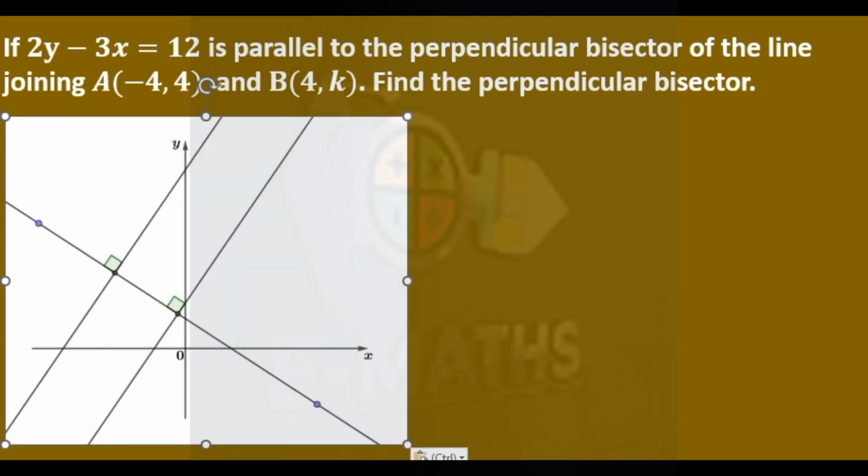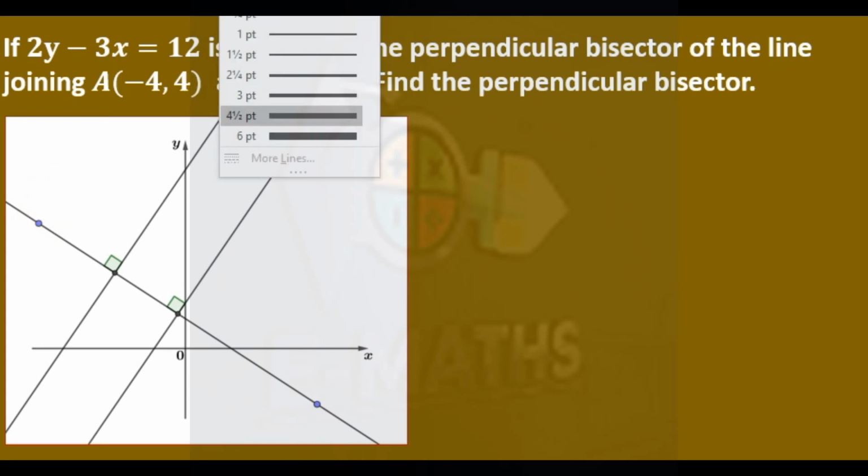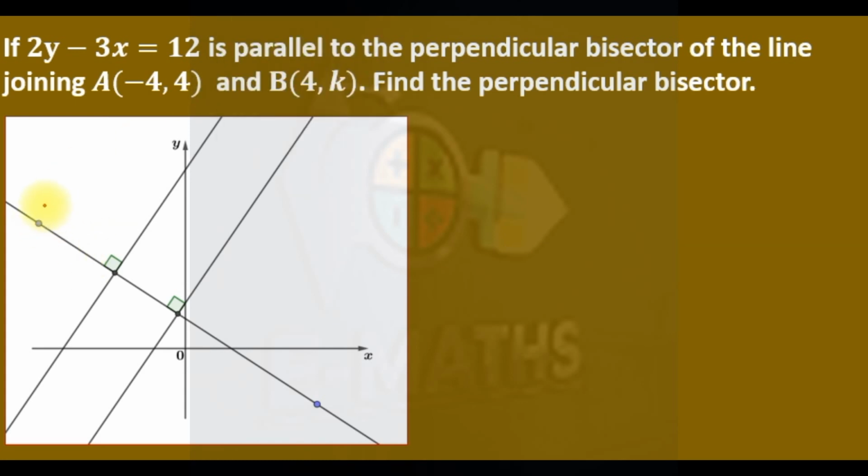Okay, look at the diagram. We have point A with coordinates (-4, 4) and point B with coordinates (4, k).